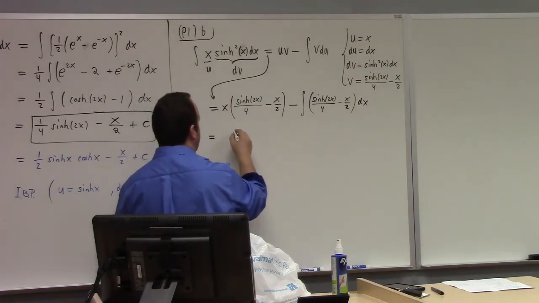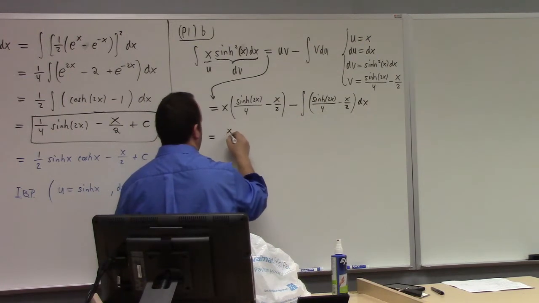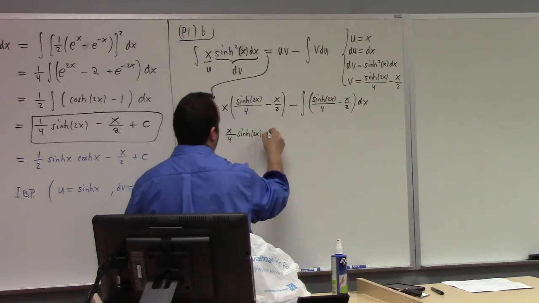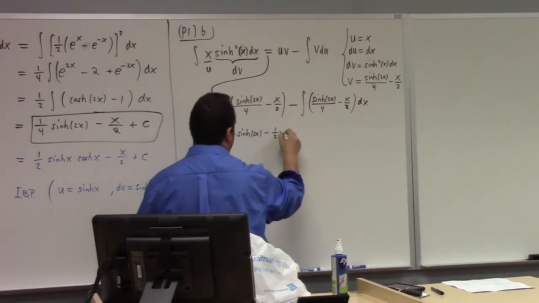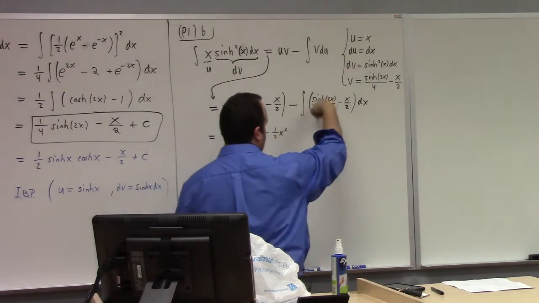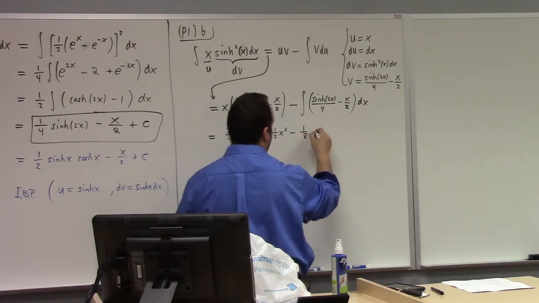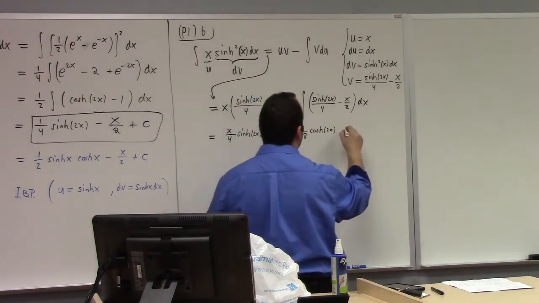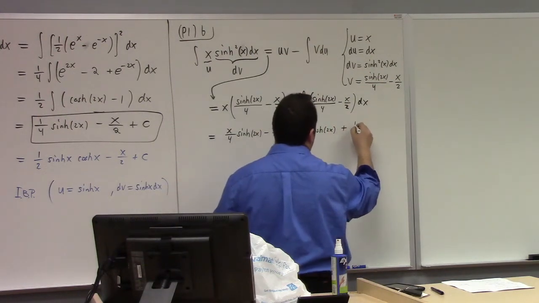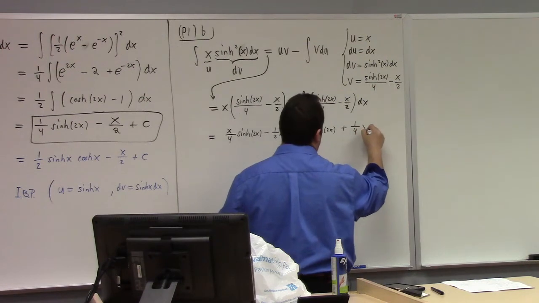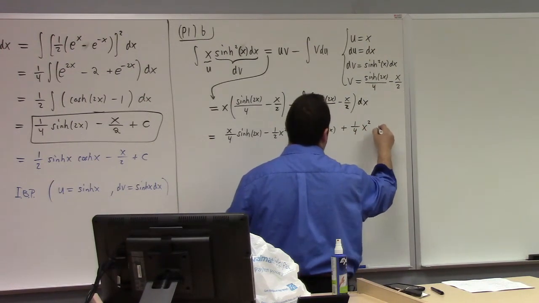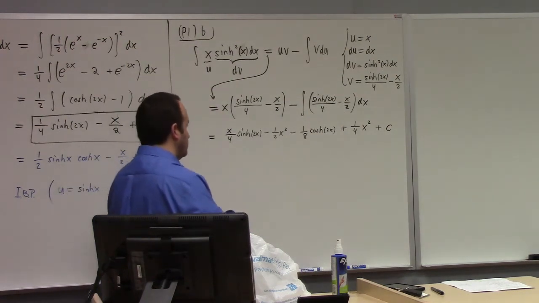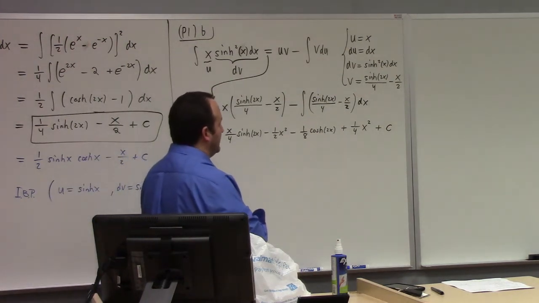Oh, and that we can just straight up integrate. So this gives us x over 4 sinh of 2x minus 1/2 x squared. And then this integrates to minus 1/8 cosh of 2x plus 1/4 x squared plus a constant. Minus a minus gives me a plus.